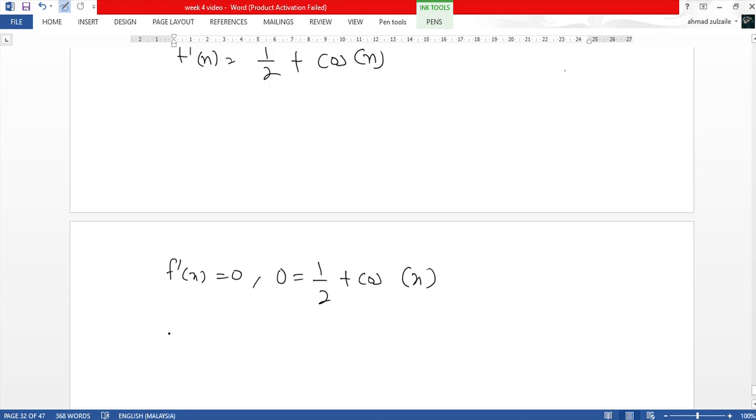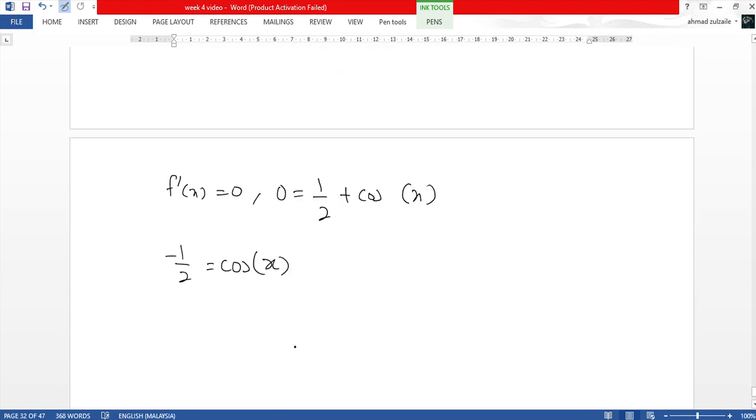So negative 1 over 2 equal to cos x. So by using the cos inverse, x equal to cos inverse of negative 1 over 2. This time use mode radian, because this is a number. Change your calculator mode to radian in order to get your x.